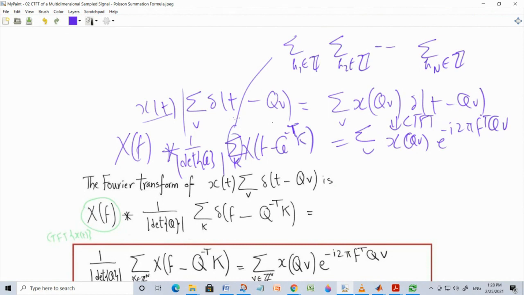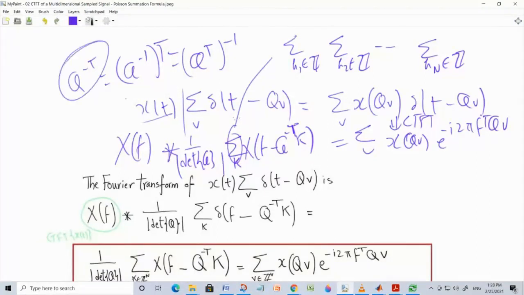The generalization is that if you have a periodicity matrix Q, then in the Fourier transform the periodicity matrix will be Q inverse transpose. You can write it as Q inverse transpose in either order, because you can prove that for an invertible matrix, inverting and then transposing is exactly the same as transposing and then inverting. So sometimes I just write Q inverse transpose because it doesn't matter which order you do these two operations.